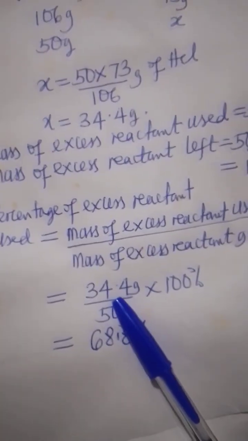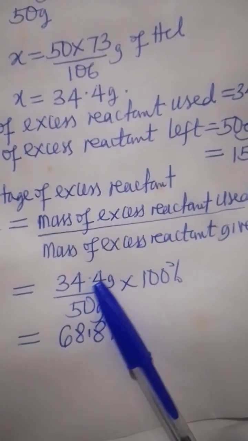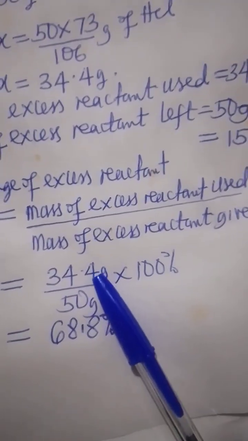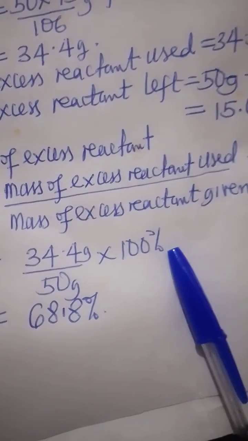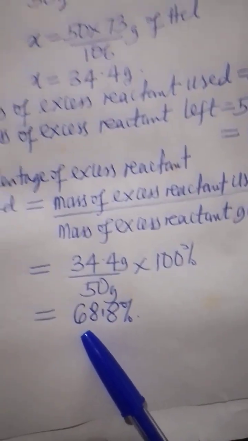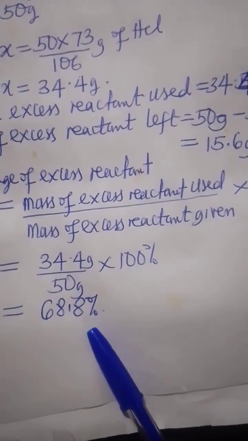So what's the mass of excess reactant used? 34.4. What is the mass of the excess reactant given? 50 gram, times 100%. When you resolve that, you will get 68.8%.